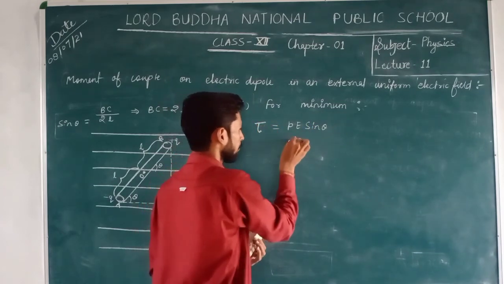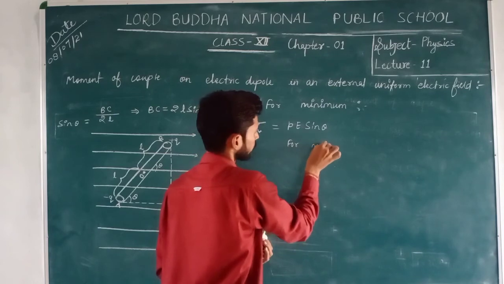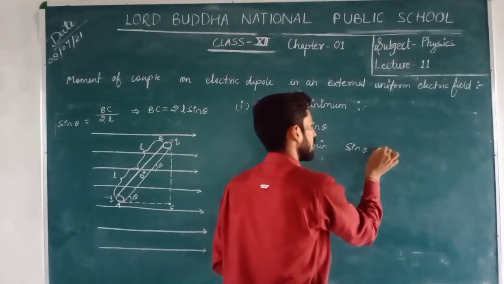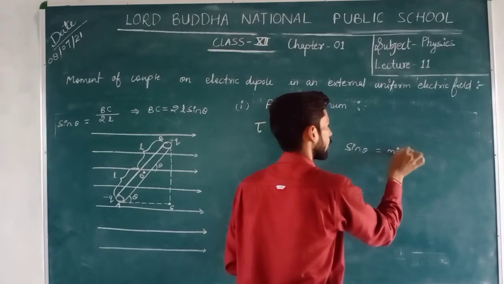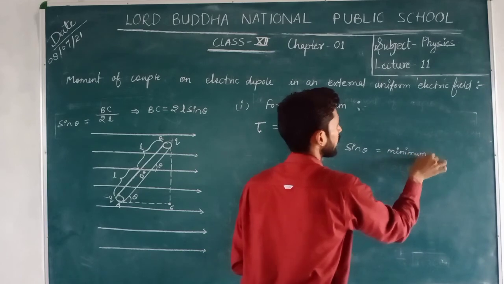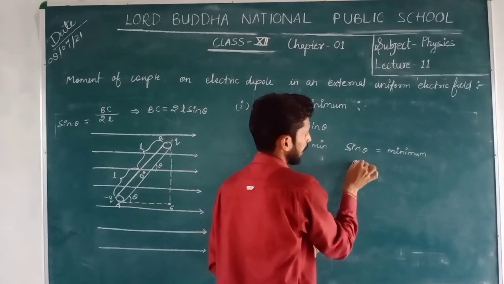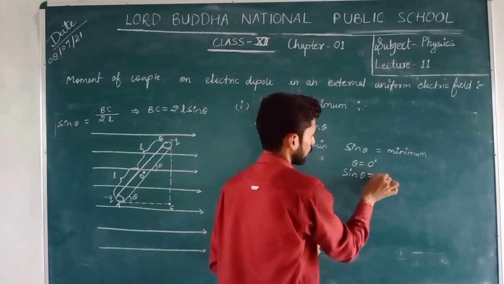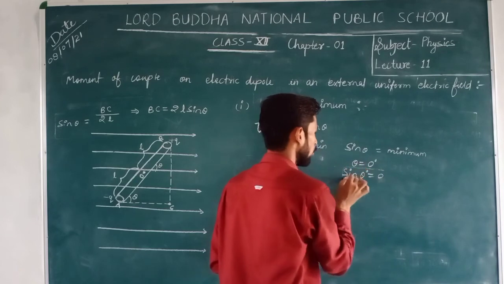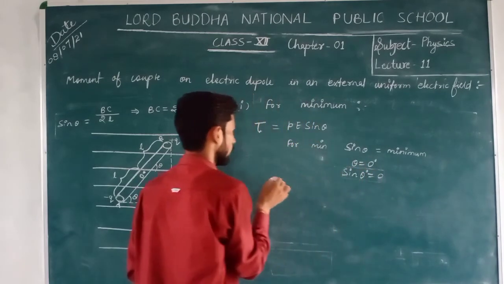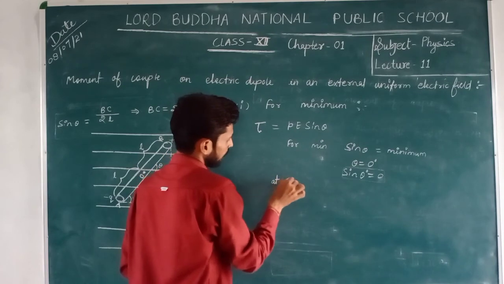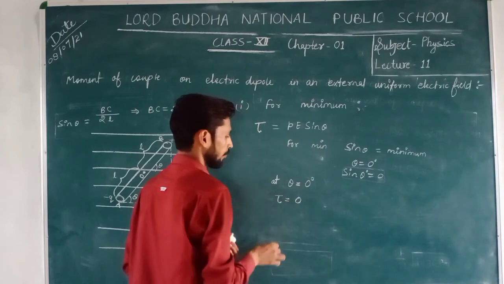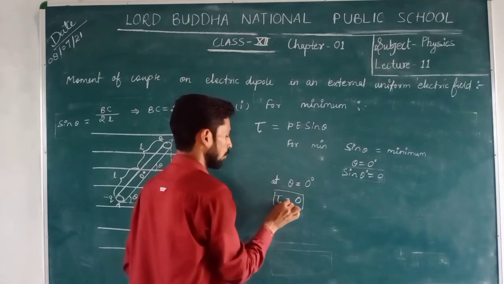So for minimum, sin theta equals minimum, and we know that at theta equals 0 degree, sin 0 equals 0. So the minimum value is at the angle of 0 degree. So at theta equals 0 degree, tau equals 0. This is the minimum value.